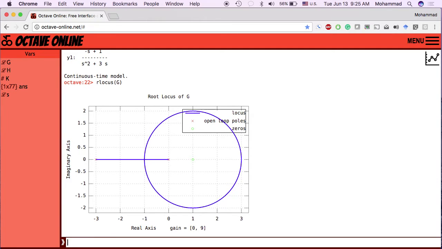So the 2 branches start from 0 and -3. And we'll look at how we get to this figure in a second. But I want you to get an initial image.